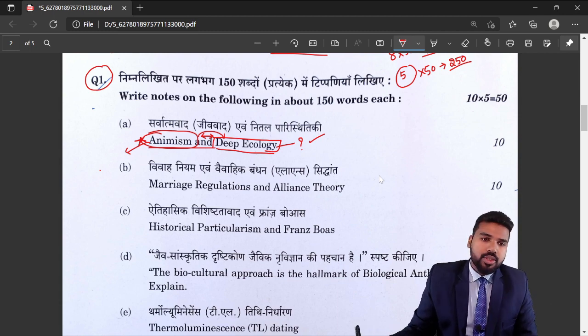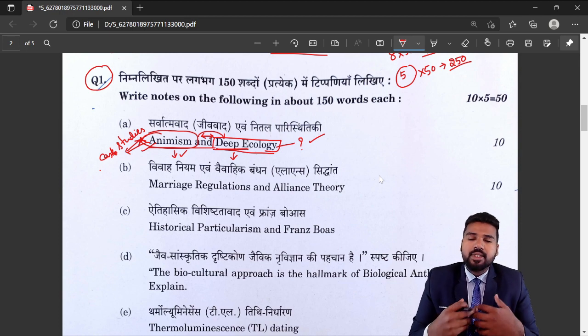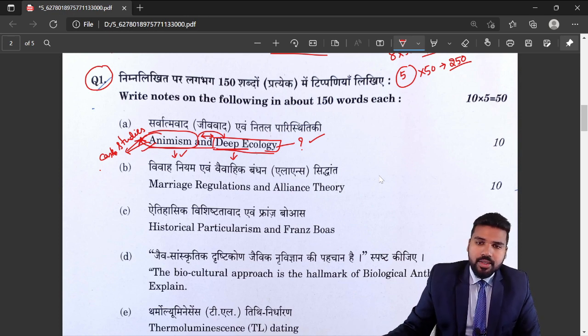You can provide good examples and case studies here. You can approach with simple definitions for both animism and deep ecology, then look at the link. Because the beliefs here are strongly linked with nature, they start conserving nature. That is how it is linked.